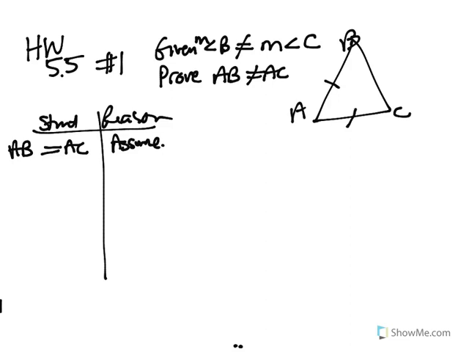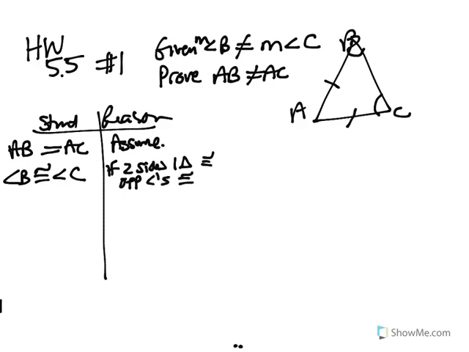Okay, so if those two sides are congruent, then we could say that these two angles are congruent: if two sides of one triangle are congruent, then opposite angles are congruent. And so then we can say the measure of angle B is congruent to the measure of angle C.